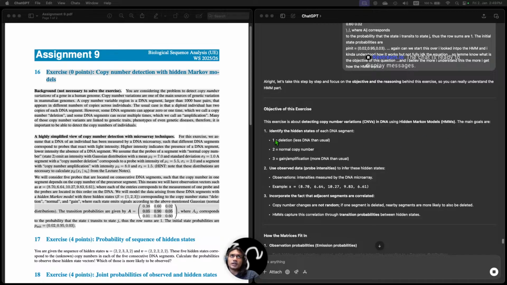The main goals are identify the hidden state of each DNA segment, use observed data to infer these hidden states, observations intensities measured by the DNA microarray. Example x equals 8.70, 6.6. Incorporate the fact that the adjacent segments are correlated. Copy number changes are not random. If one segment is deleted, nearby segments are more likely to be deleted.